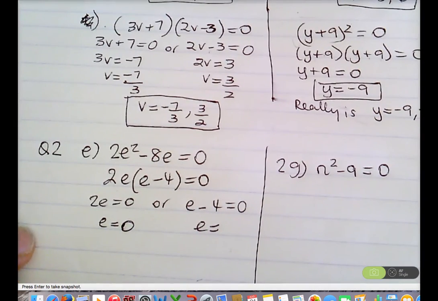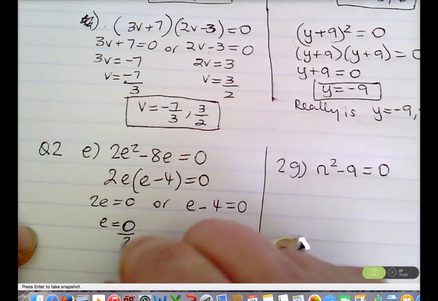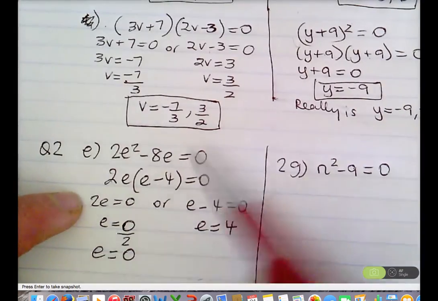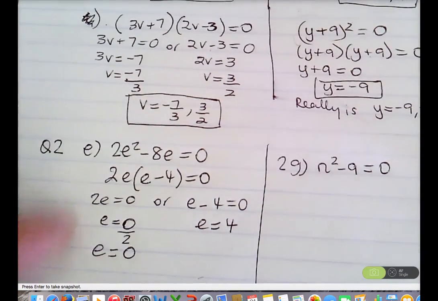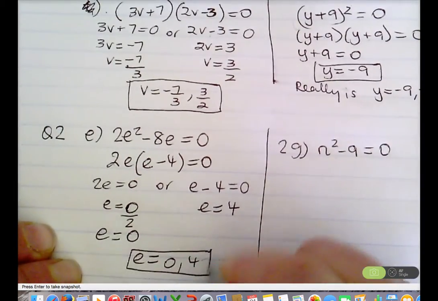I need the e on its own. Girls, you okay with this? It would be 0 over 2, which is 0. Or you would just use common sense: 2 times 0 is the only way you're going to get 0. So therefore, your solution is e is 0 or 4.